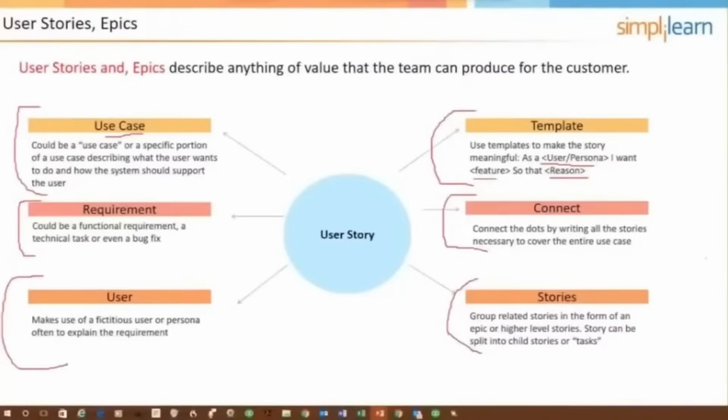So you have themes up at the top. That's the biggest grouping, if you will, used primarily for high-level planning purposes. So you have your themes, then you have your epics, which are large user stories, low priority, and they're going to have to be broken down into smaller user stories.